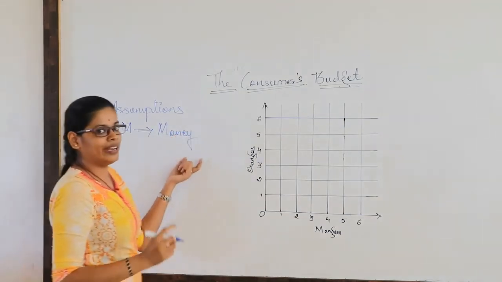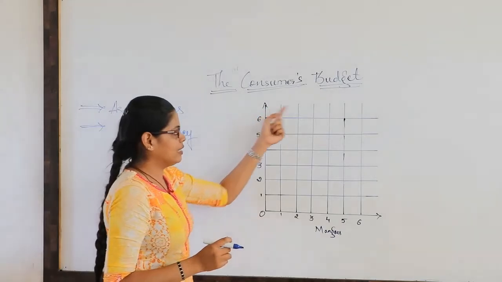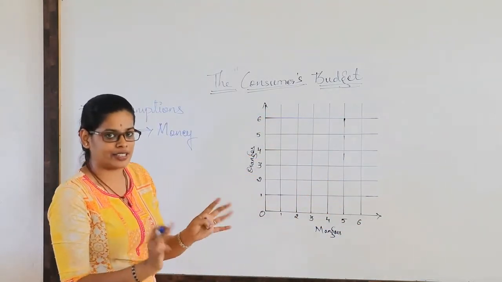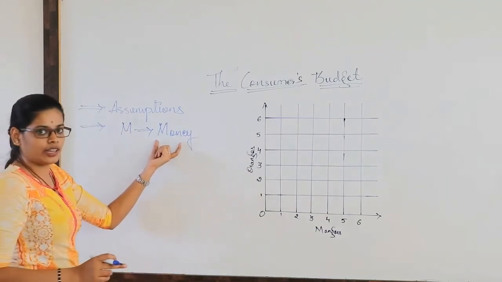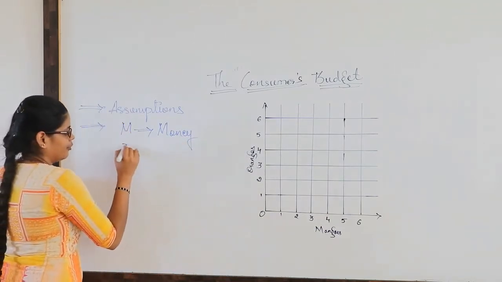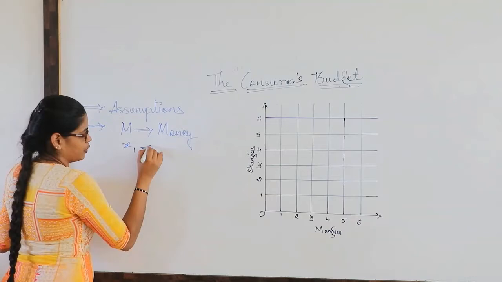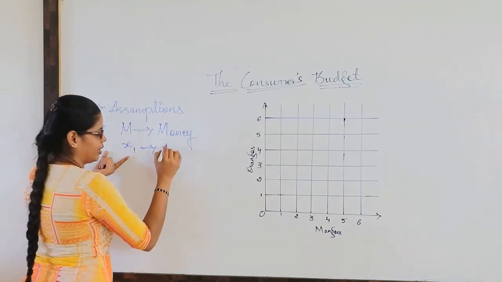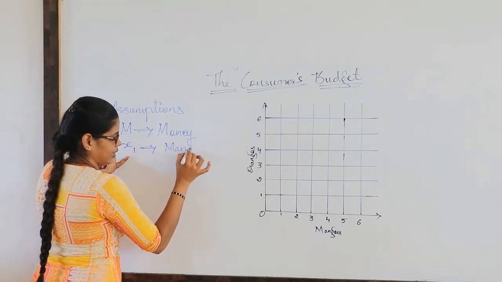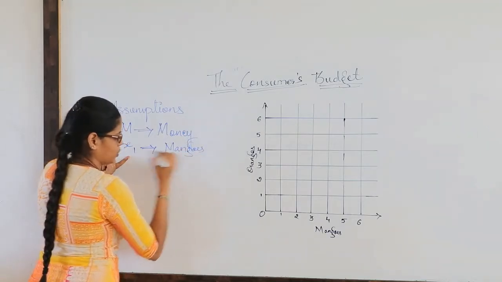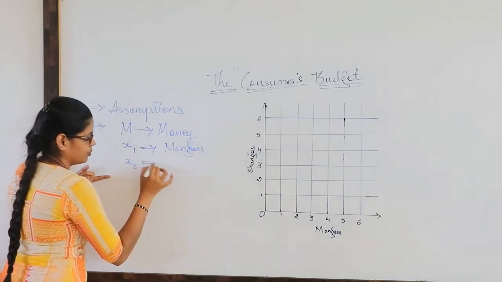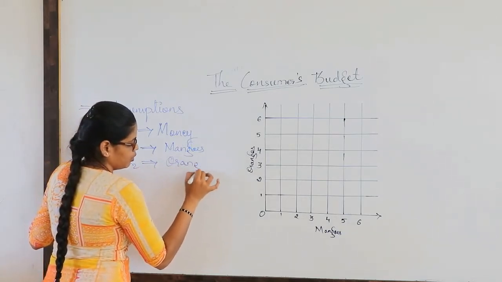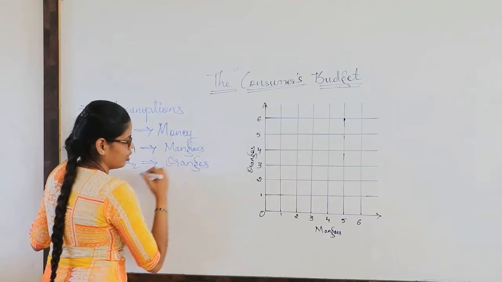We have made the first assumption, right, wherein the income of the consumer is fixed. That's what is being talked about here. Then we are talking about X1, which is the good. We are calling it here mangoes. X2 is the second different good, which we are calling oranges.